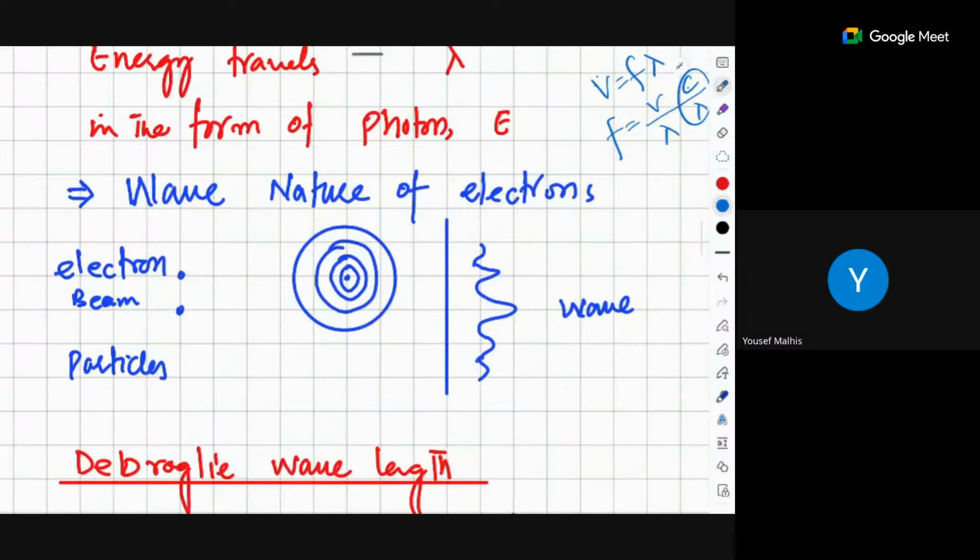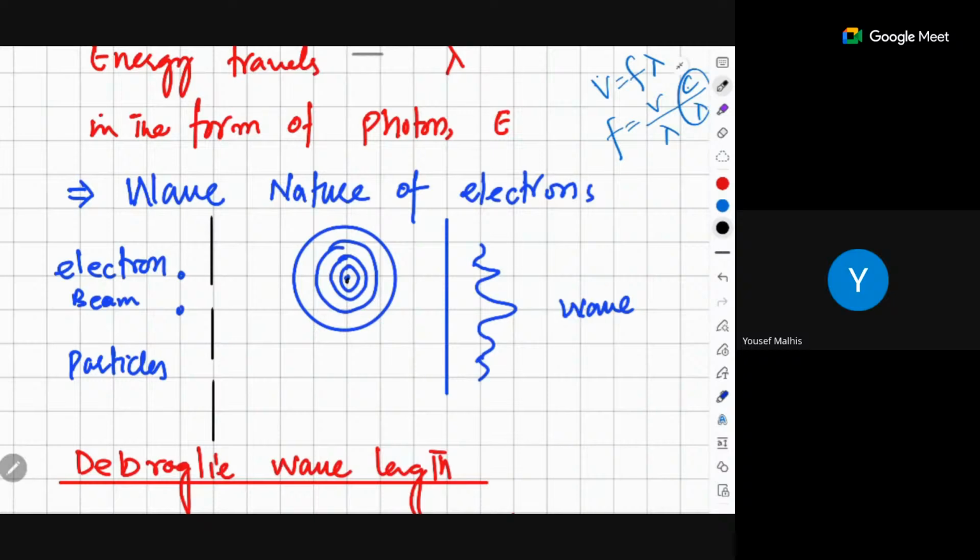Now, this is a very interesting point. When we talk about wave-particle duality, there was a situation where electrons were passed through a diffraction grating, or through Young's double slit experiment, and those electrons responded just like waves. Why? Because they made some circles.